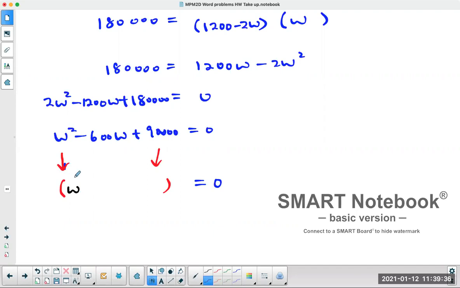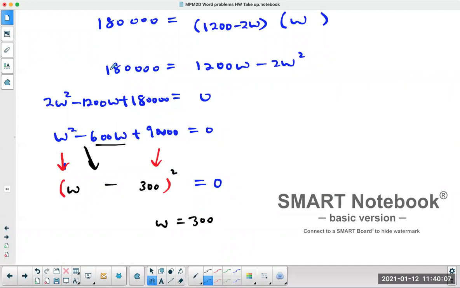W squared is going to get me W. 300 squared is going to give you 90,000. And this is A, this is B, and this is exactly 2AB. So this is actually (W minus 300) squared. I can factor this into a perfect square trinomial, which means W must equal 300.